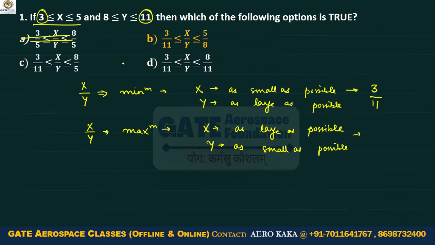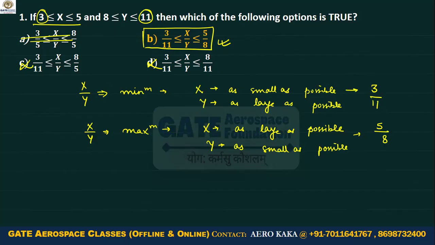So in this case, the highest value of x is 5 and the lowest value of y is 8. Right, so 5 by 8 only comes up with B. So options C and D are eliminated and I get the answer. We don't have to follow any other things. We can simply follow the logic and find out the answers of these questions.